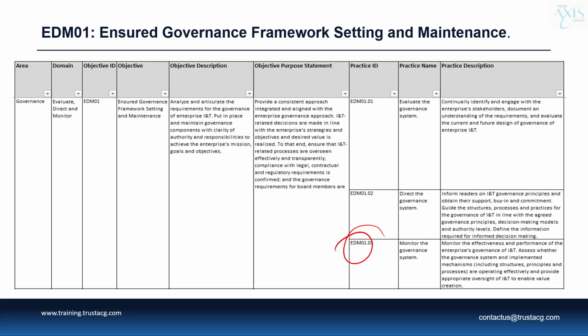Okay, and the third practice that is associated with this particular governance objective is monitoring the governance system. Now, this is the final step, ensuring that whatever governance mechanisms or the governance framework that has been defined is functioning effectively.